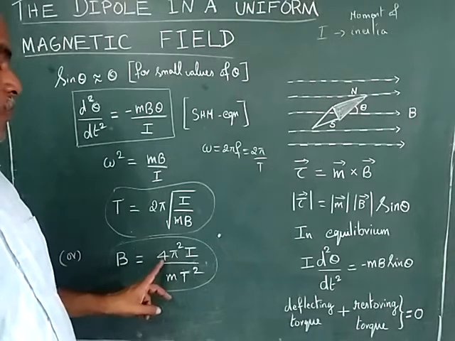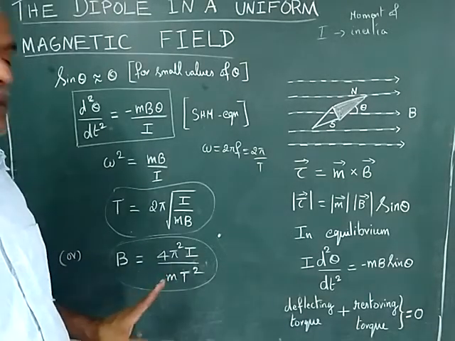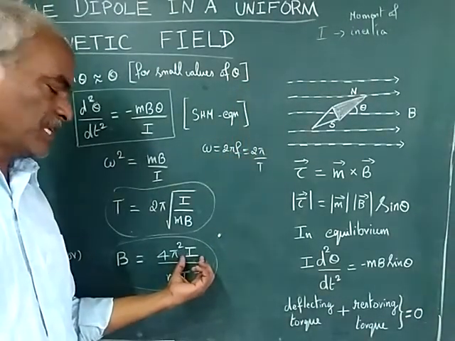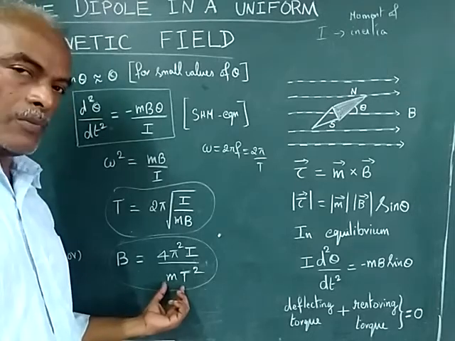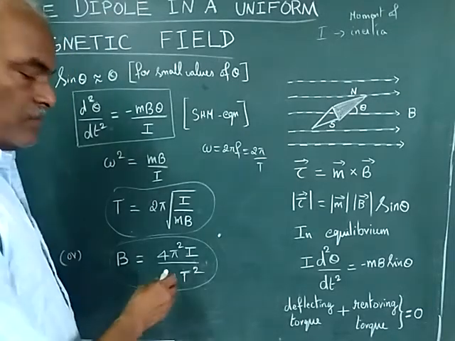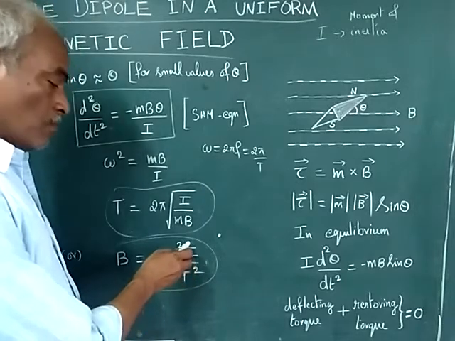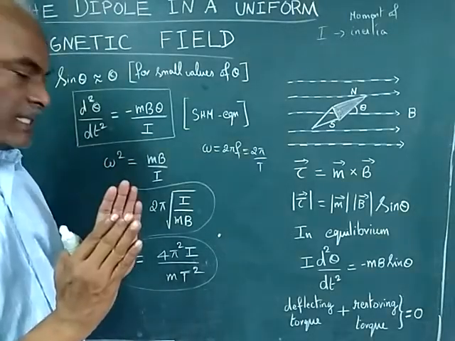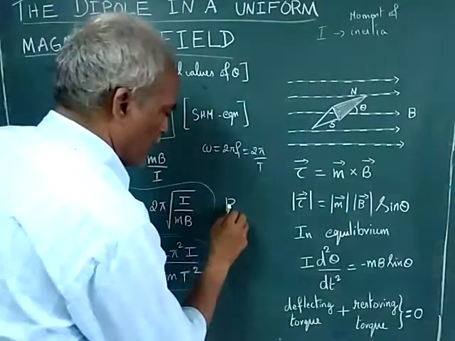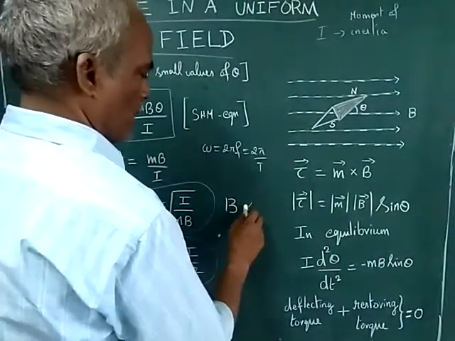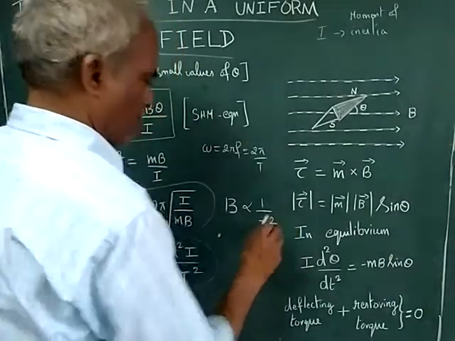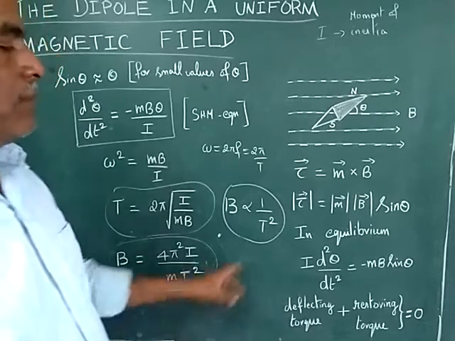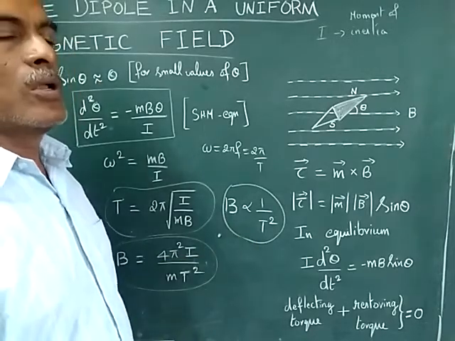That means 4 pi square is constant, and if you maintain the moment of inertia and the magnetic moment constant, then magnetic flux density is inversely proportional to T square.